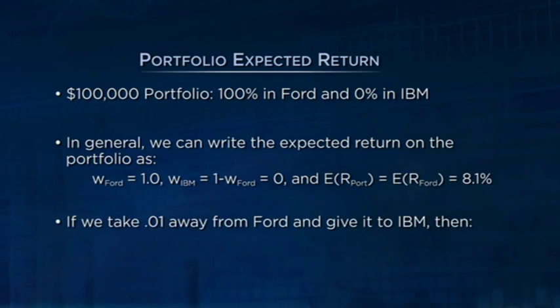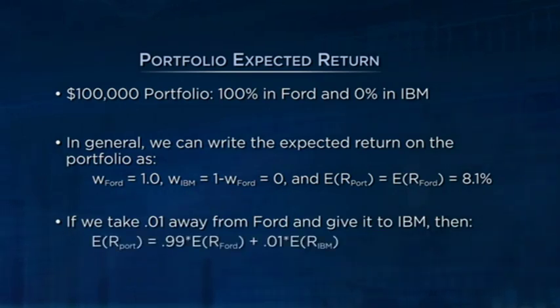If we take away $1,000 from Ford, we're reducing the weight on Ford by what? 1,000 divided by 100,000, or 1%, 0.01. And we're increasing the weight on IBM by 0.01. Since the expected return on IBM is lower than Ford's expected return, the expected return on the portfolio gets pulled down by moving money to IBM.